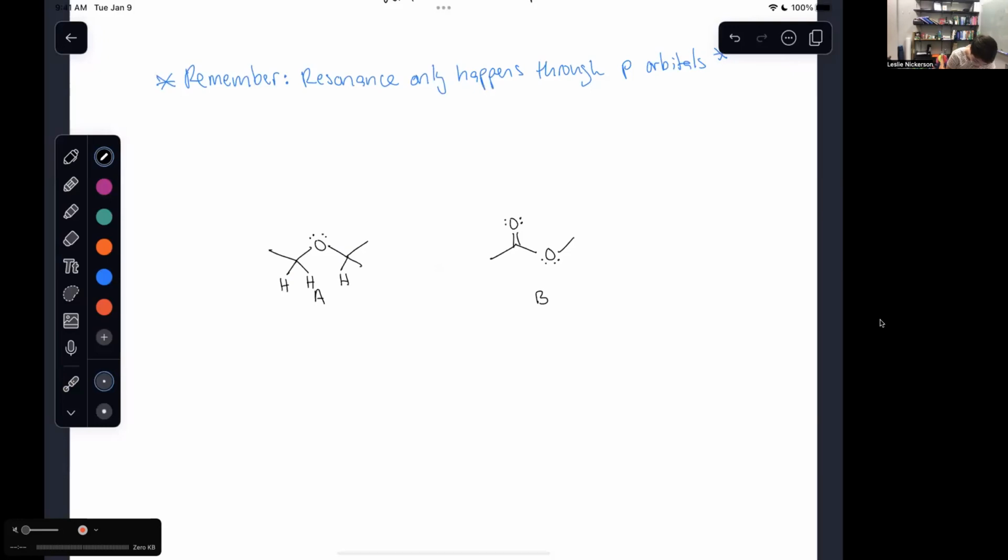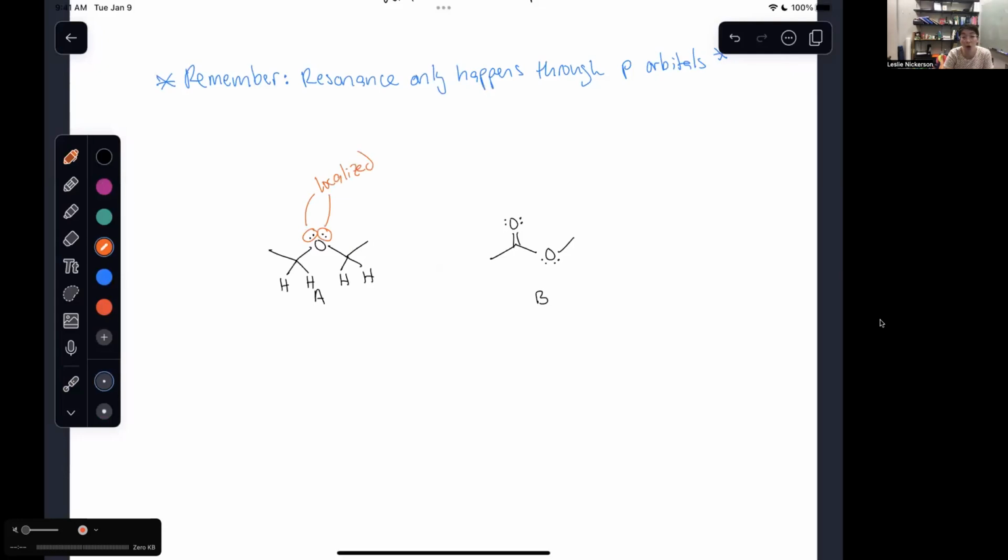If you draw in your H's, you quickly see, no, I cannot, because I've got an sp3 carbon on both sides, so I'm not going to be able to do any kind of resonance with those lone pairs. So we know that both of these lone pairs are localized.